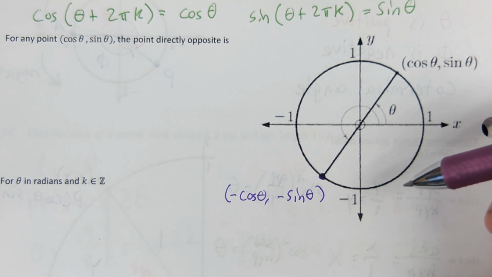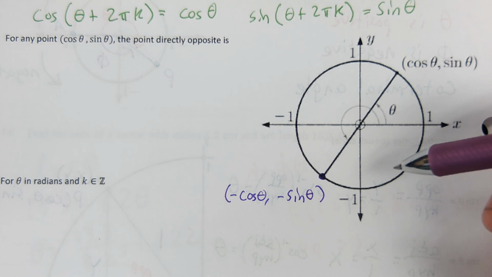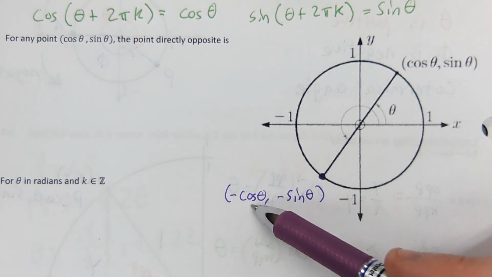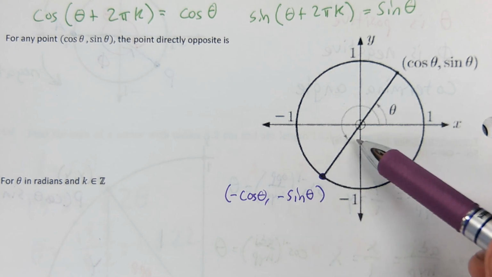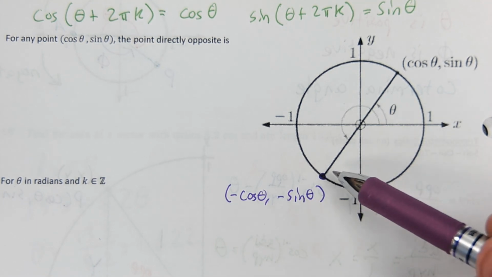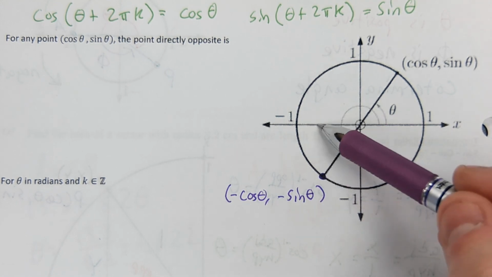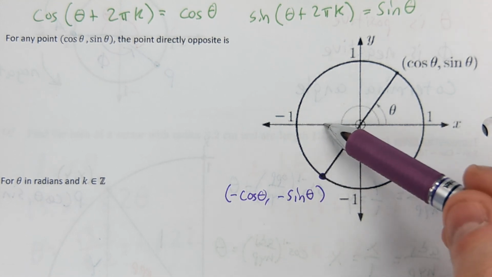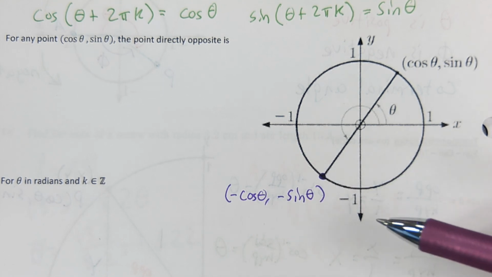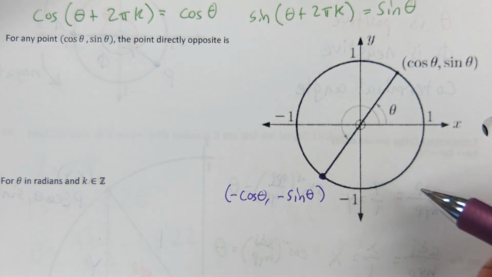It's actually not true. Another reason why this would be negative cosine theta and negative sine theta is because since cosine is x over r and radius can never be negative, down here you have negative x's and you also have negative y's. That's why sine is negative as well. X, y, and r, everything's about x, y, and r. So what did this tell us?